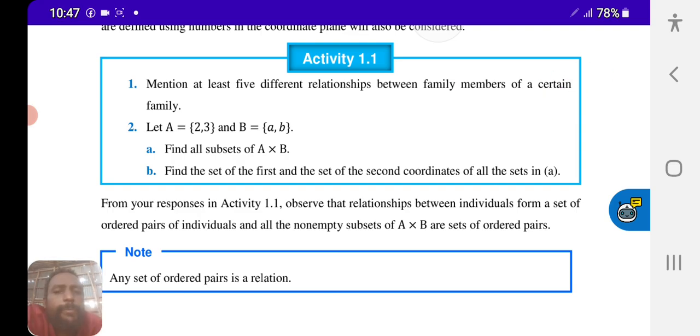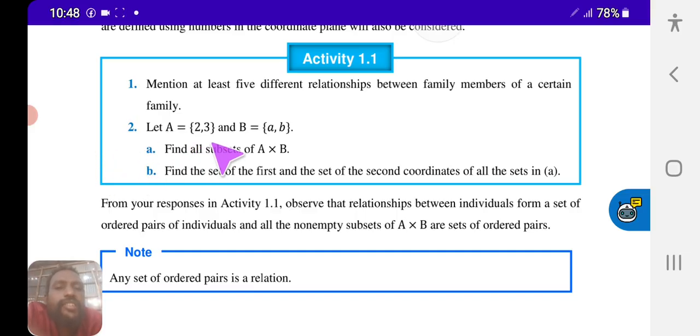For example, the son and father have a great relationship because the father provides different materials needed for the son, and the mother also has a great relationship with the baby, by breastfeeding as well as caring for 9 months before birth. These are some of the relationships like that. You can mention 5 relationships among your family.